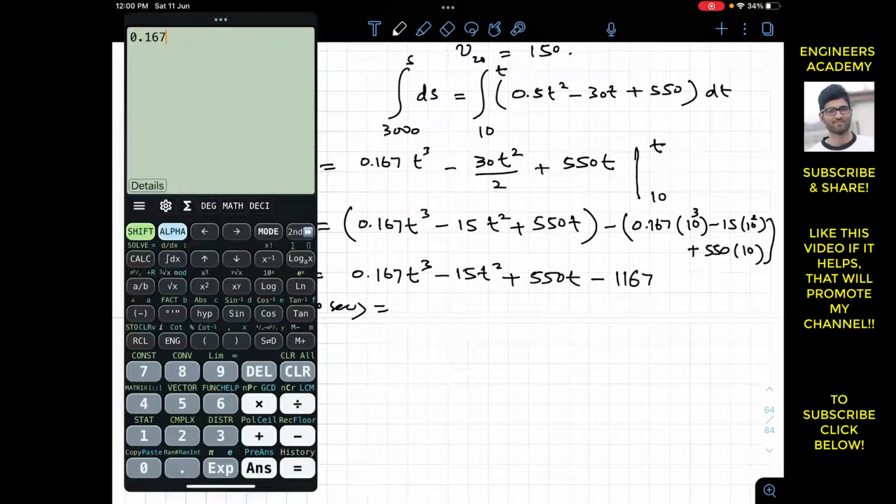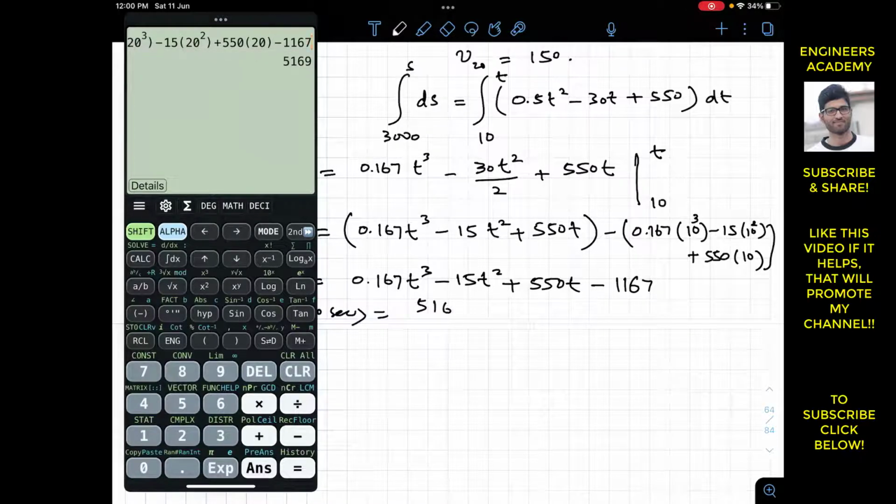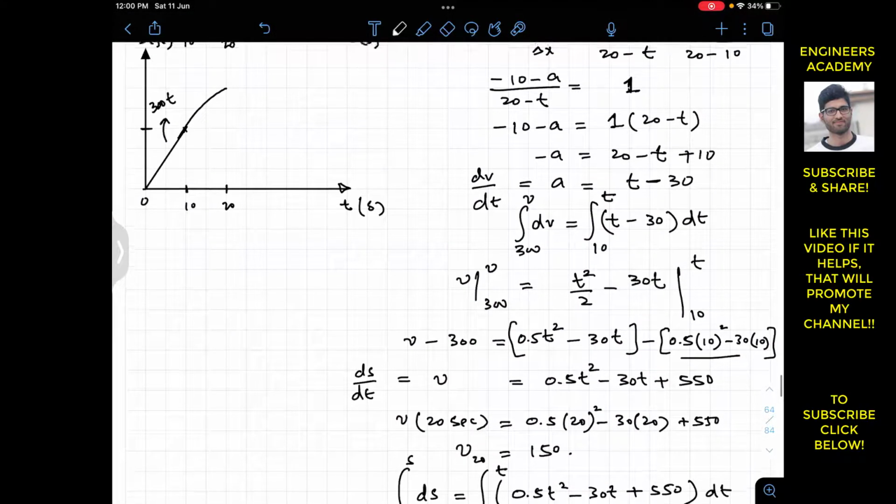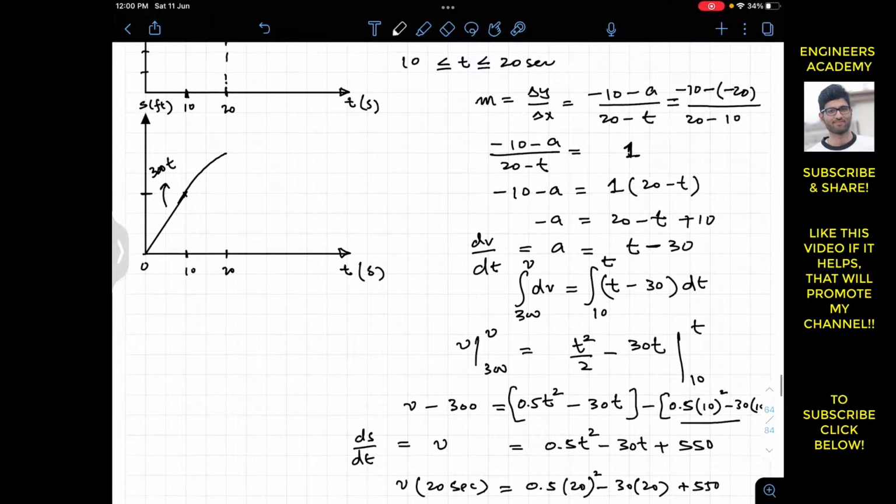So that will be 0.167 into 20 to the power 3 minus 15 into 20² plus 550 into 20 and minus 1167. So this is 5169 feet. So when t equals 20, it is 5169.